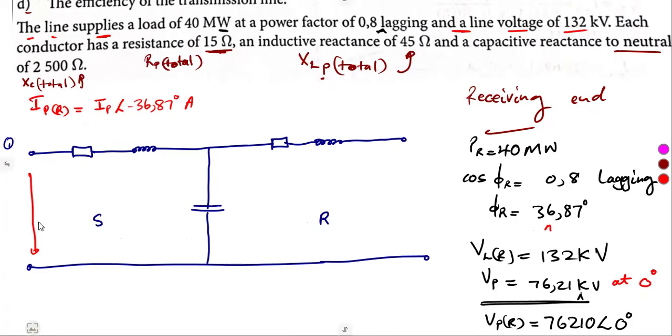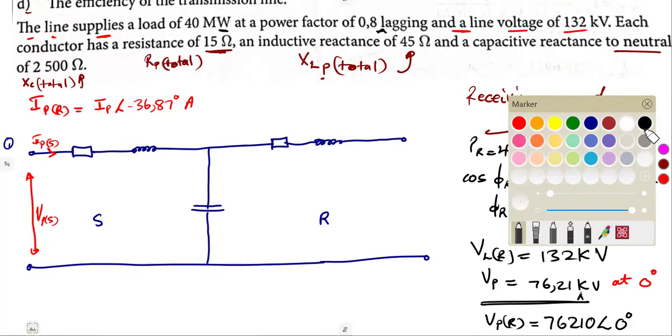We do not have VPS. Okay, no problem. Let us just write the sending end voltage. That's our phase value. Then the current is entering here as IPS. Then in this case, this resistance is the total over 2.